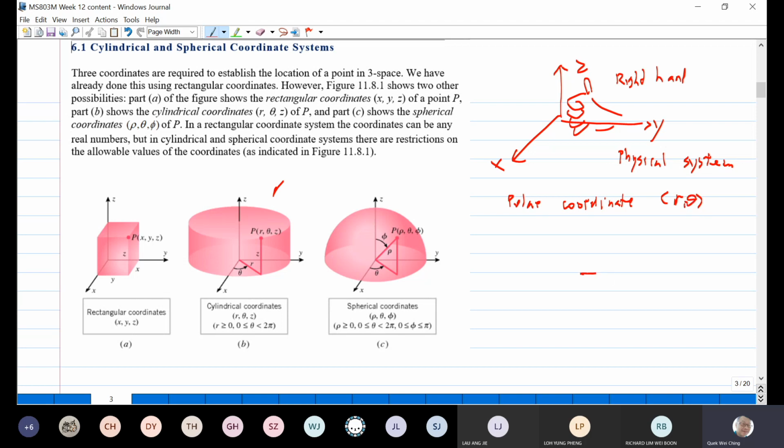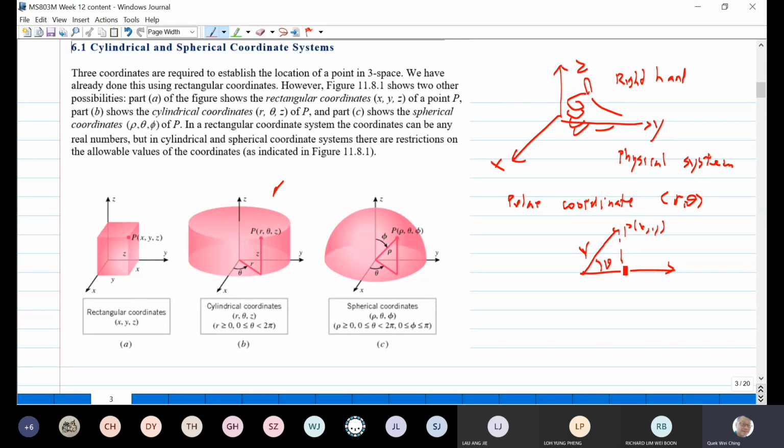This is r, the length. Just imagine that on a plane you have x and y here, and then theta tells you the direction.